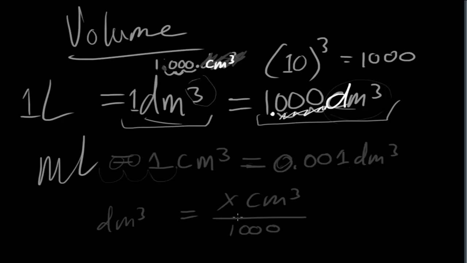In terms of units, it would be whatever the x is that's in the value divided by 1000. That would give you the units in decimeters cubed. And that's basically how volume works in chemistry.